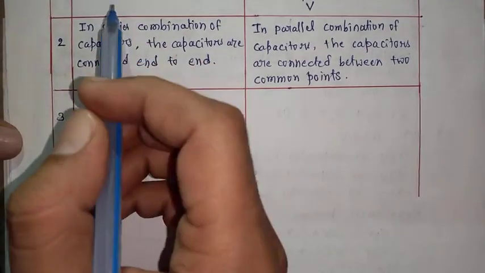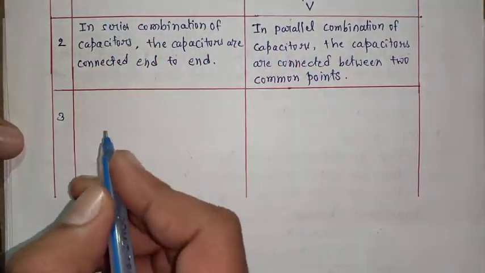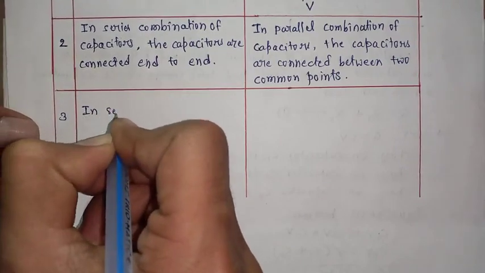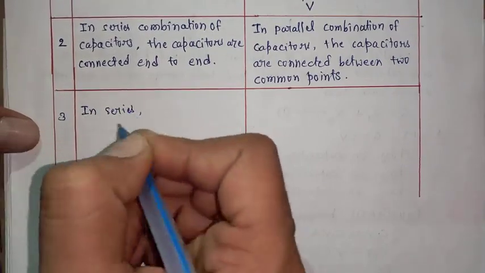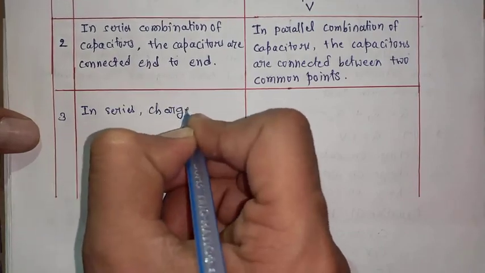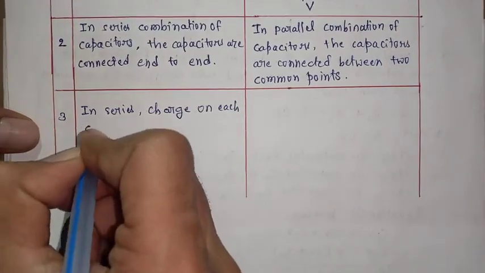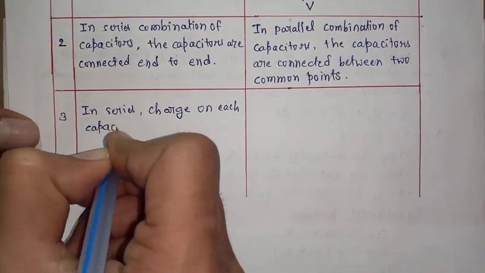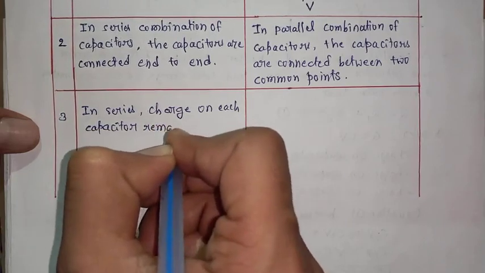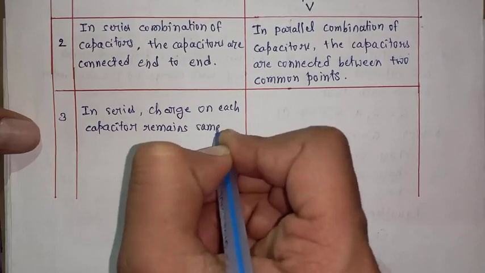In case of the capacitors in series, charge on each capacitor remains the same here. In series, charge on each capacitor remains the same.